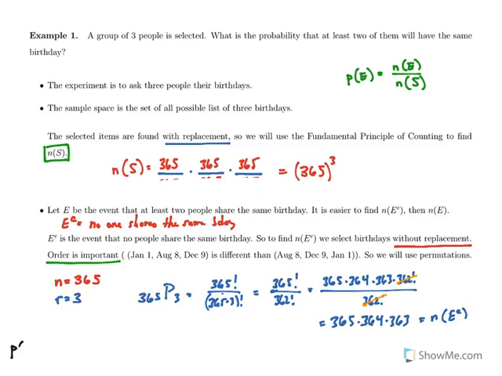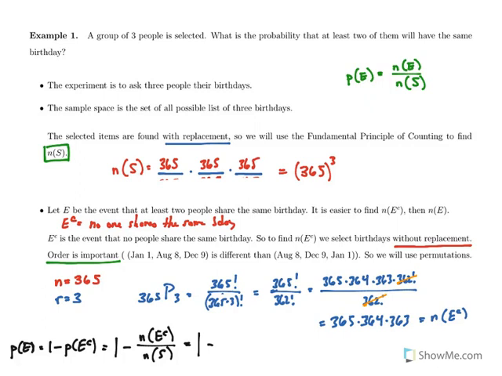Sorry, the probability of E is 1 minus the probability of the complement, which is 1 minus the size of the complement over the size of the sample space. There we go, that looks better.